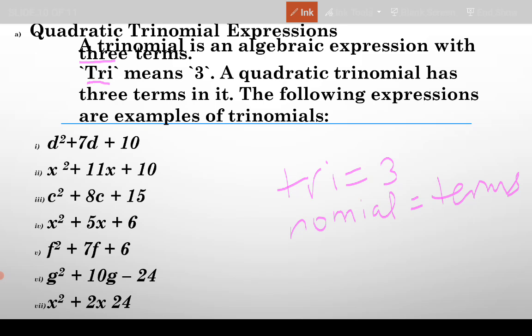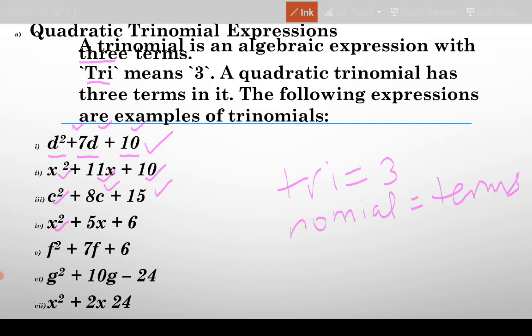And these are some examples. So here we have d squared plus 7d plus 10. So we have 3 terms: 1, 2, 3. Therefore, it's a trinomial. Same here, we have x squared plus 11x plus 10. That also is a trinomial. c squared plus 8c plus 15. This is also a trinomial. Why? Because it contains three terms joined together.